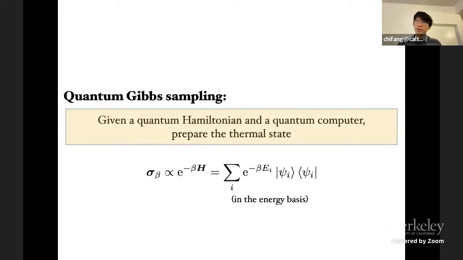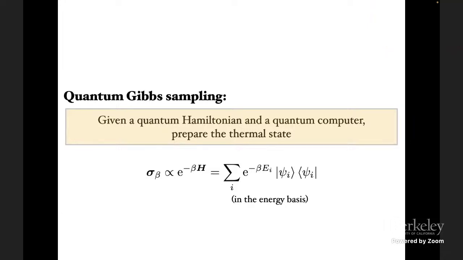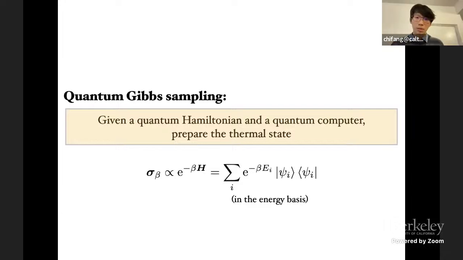All right, so the task we're considering today is to sample Gibbs states. More precisely, you're given a quantum Hamiltonian and also a quantum computer, and the goal is to prepare the thermal state. The thermal state is the object you can take from the physics textbook. It's also called a Gibbs state.